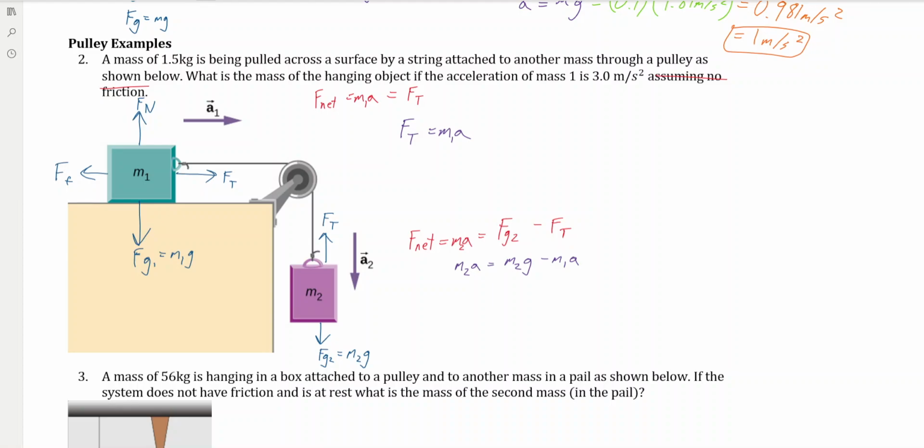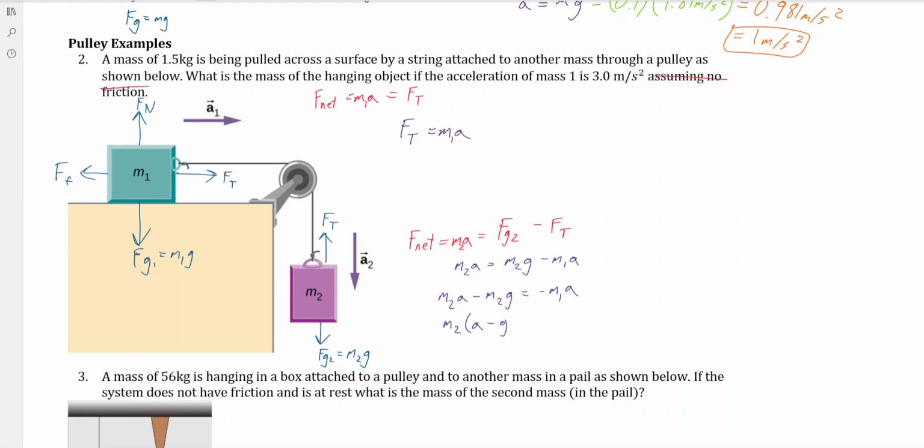Now let's see if I can make this work here. We want to get all of our mass 2's to one side. So m2a minus m2g equals negative m1a. I've just subtracted the m2g term on both sides. Now what I can do is actually factor out m2.